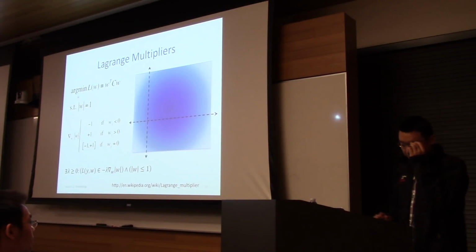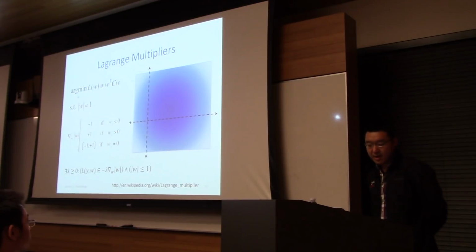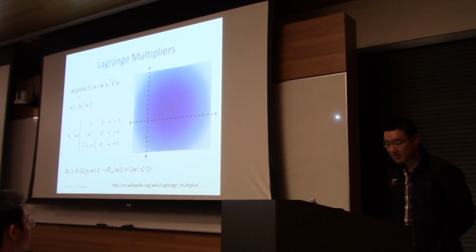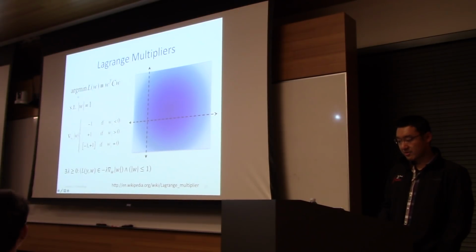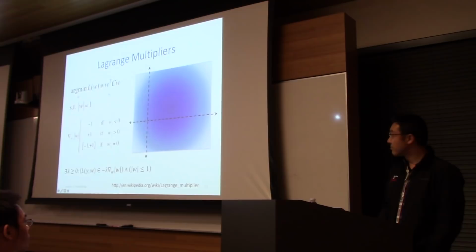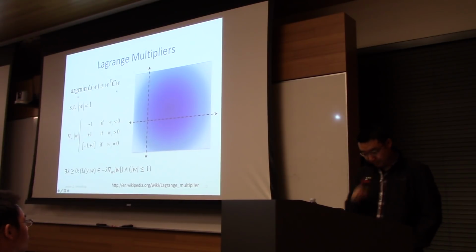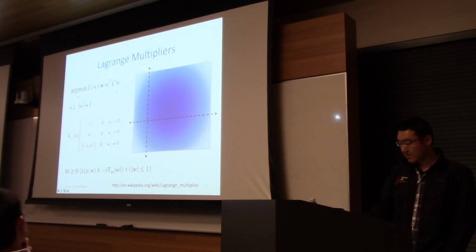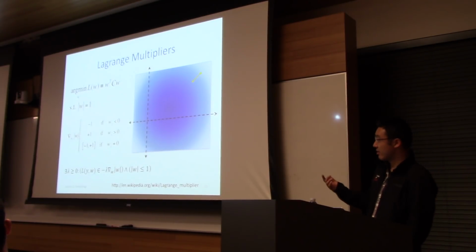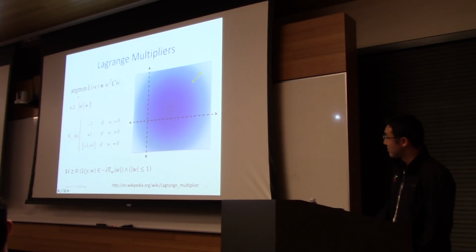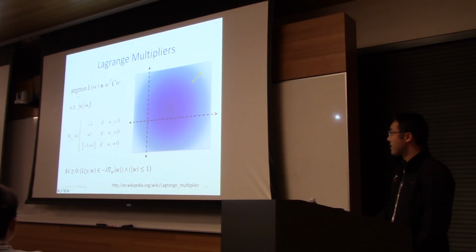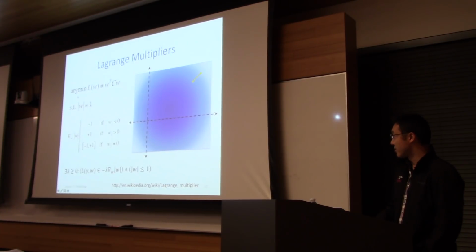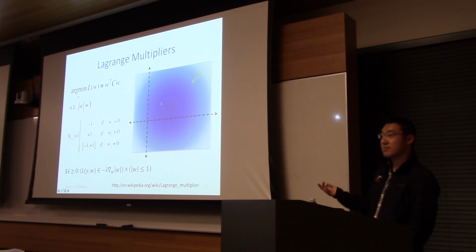Okay, so to solve it, let's revisit Lagrange multipliers. This is a simplified version of the problem, but it's illustrative. In the unconstrained version, this is, by the way, a quadratic loss function. In the unconstrained version of this problem, where this constraint doesn't exist, we just step in the direction of the minimum.